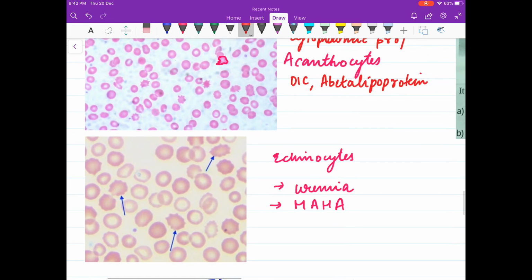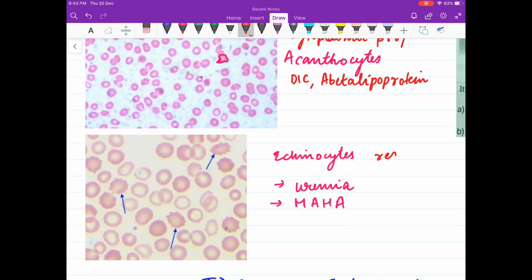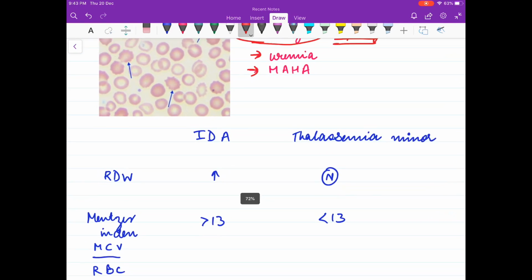When these cytoplasmic projections are regularly placed, they are called echinocytes, and they are seen in uremia and microangiopathic hemolytic anemia.